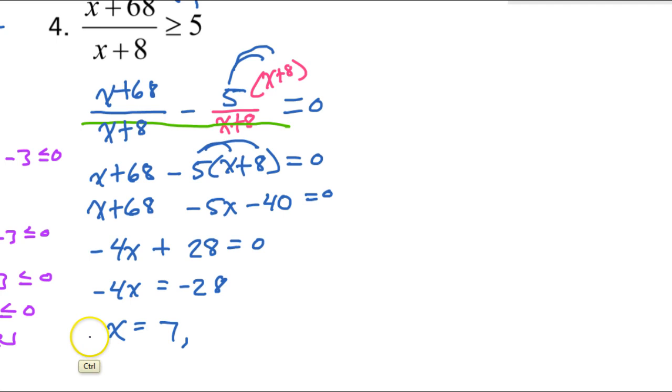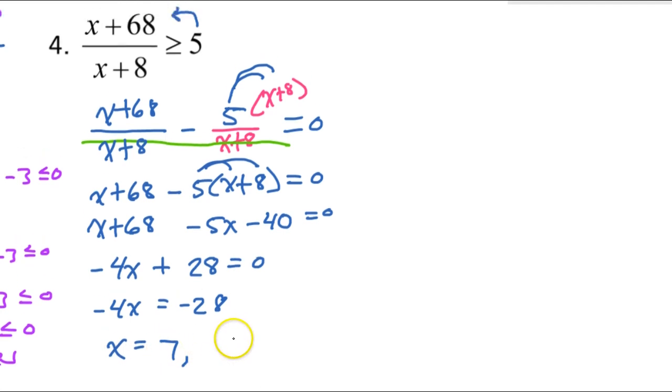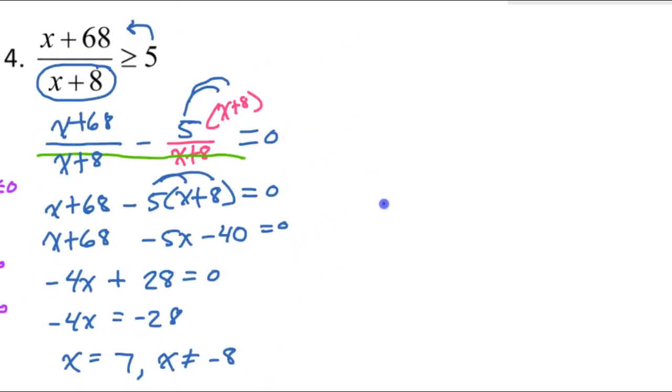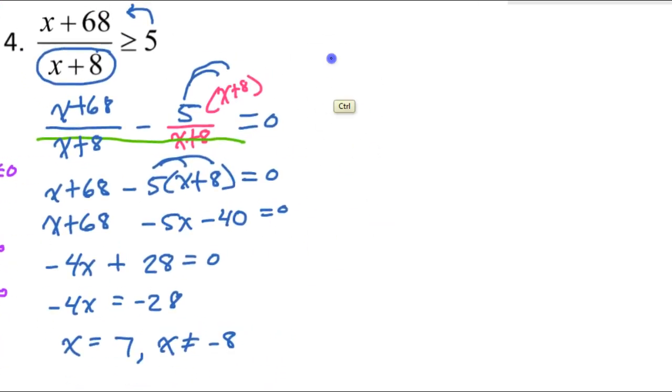So this is one critical value. But the other critical value comes from the illegal value here. X cannot equal negative 8. All right, so these are the critical values that need to go on my number line. So here comes the number line.